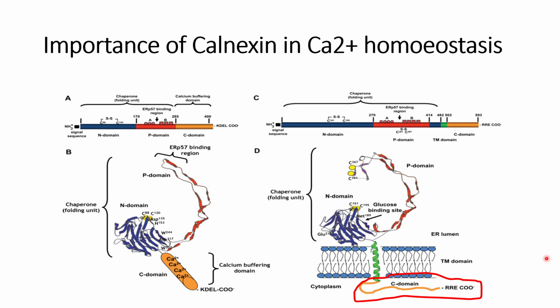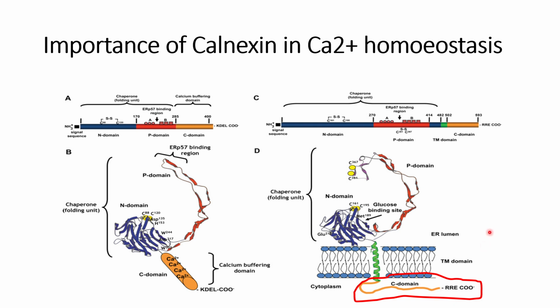And apart from this, calnexin also interacts with cell sorting proteins. What the cell sorting protein does is distribute the calnexin based on need to the mitochondrial membrane, ER membrane, and the plasma membrane.